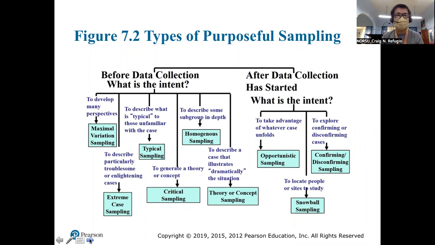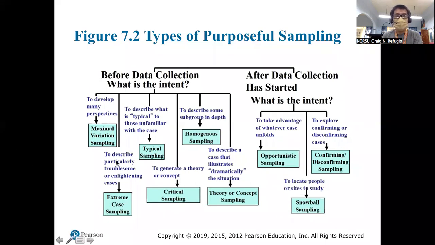To develop many perspectives, to describe what is typical to those unfamiliar with the case, to describe some subgroup in depth. And if you look at the first one, to develop many perspectives, you are going to have maximal variation sampling. So there would be many types of variation of the sampling design. And then to describe what is typical to those unfamiliar with the case, we have typical sampling. To describe some subgroup in depth, we call that homogeneous sampling.